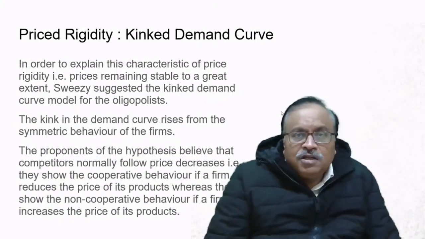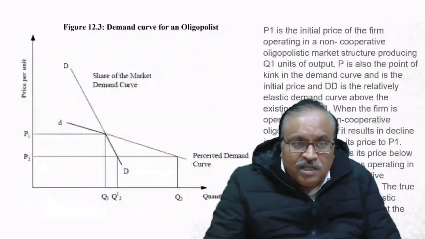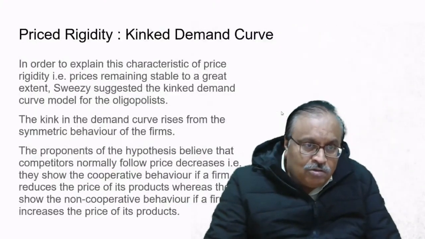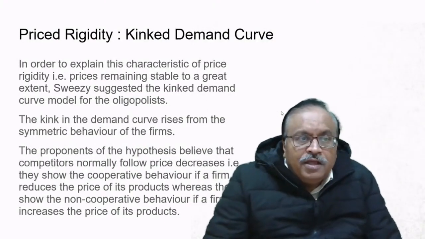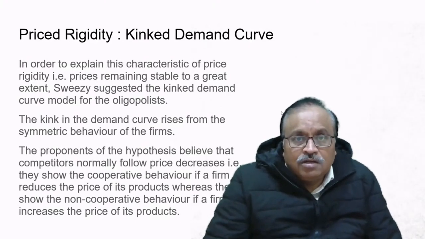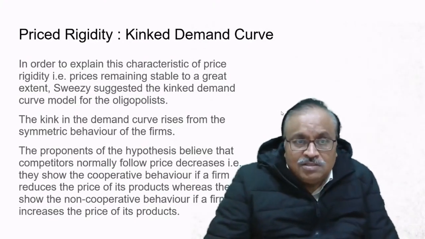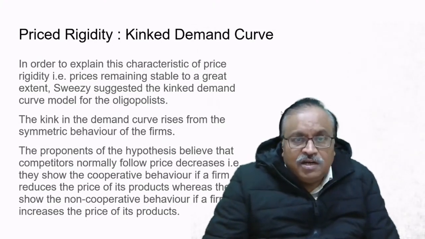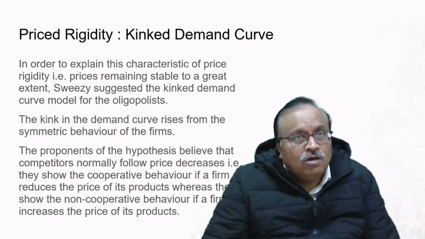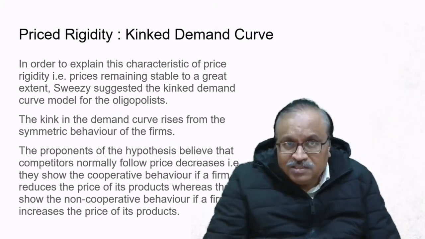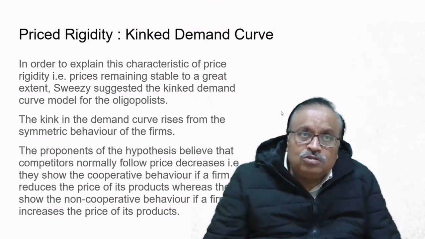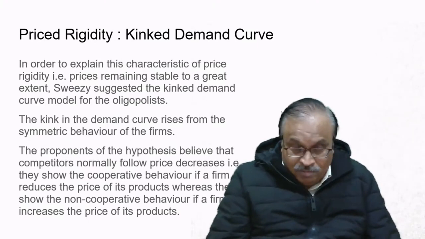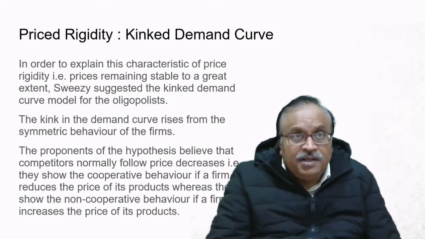So now there is a kinked demand curve. Let's see the graph. This graph shows the kinked demand. In order to explain this characteristic of price rigidity, that is, prices remaining stable to a great extent, Sweezy suggested the kinked demand curve model for the oligopolist. The demand goes the way the demand curve goes, but at a particular point it kinks, it turns.